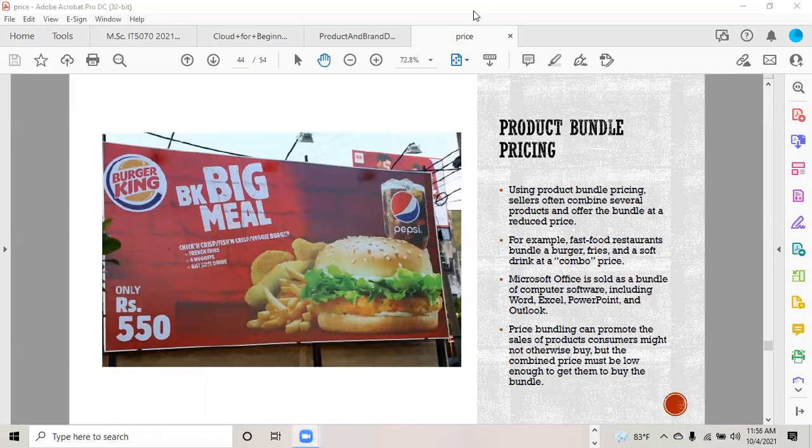Okay, so we have a question. Company gives their product with a free product. Which type of pricing is it? Now this is for product mix. These strategies are for a product mix.